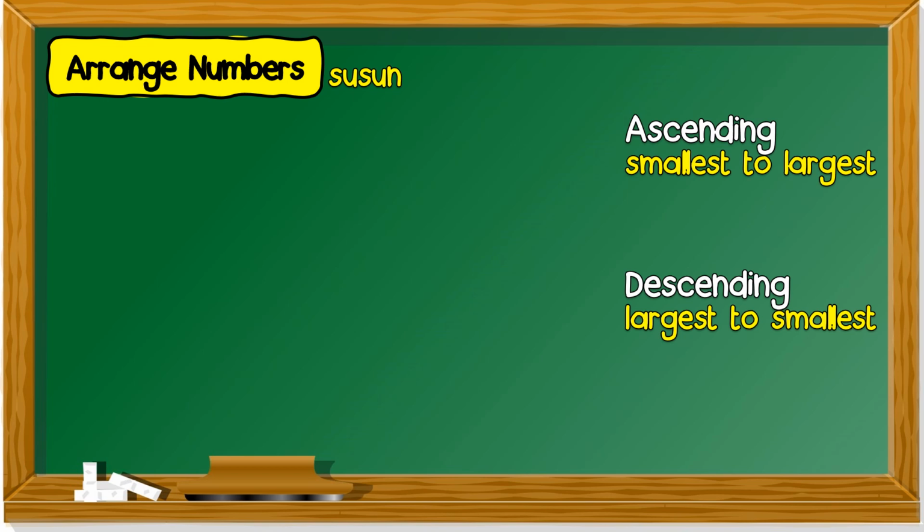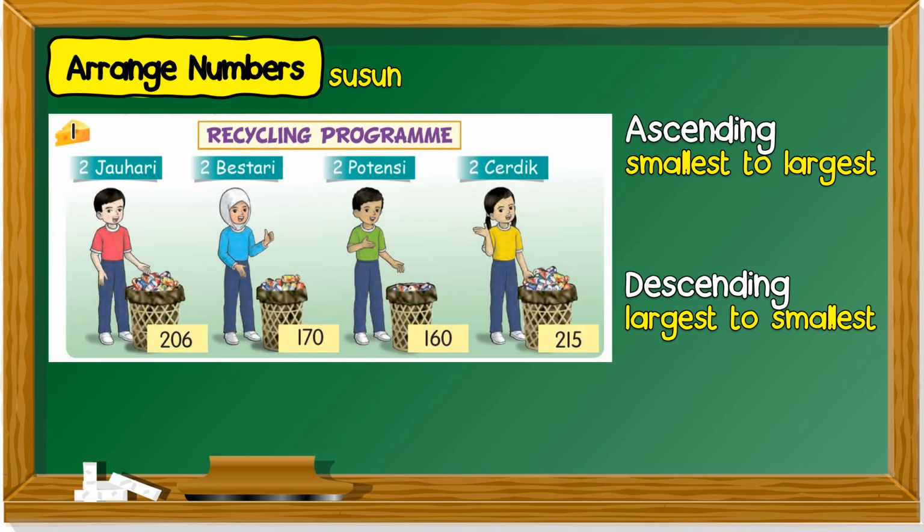Okay, class, let's take a look at this picture. It's a recycling program. There are 4 classes: 2 Jauhari, 2 Bestari, 2 Potensi, 2 Cerdik. Okay, so for each class, they have collected, what's that?